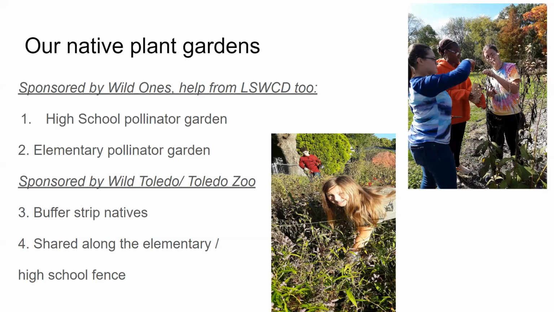And like Sarah showed those pictures of plants with 15-foot roots that will help improve our water quality. So that's something that our kids have studied with the hydrology GLOBE protocols. And then finally, we share a native garden that overflows from the high school property onto the elementary property. So there are a lot of learning opportunities.